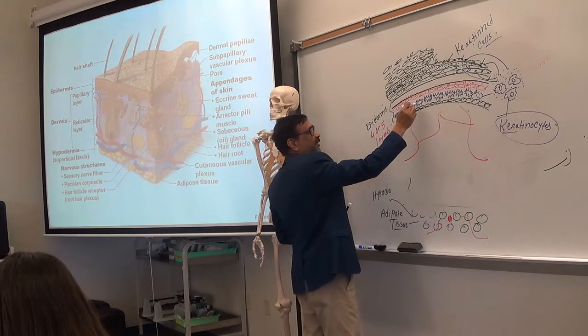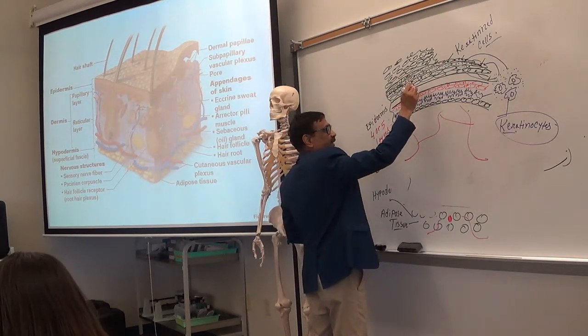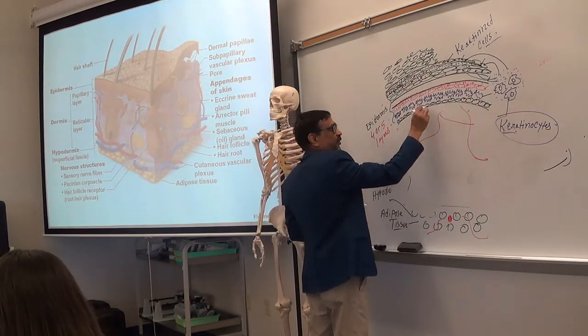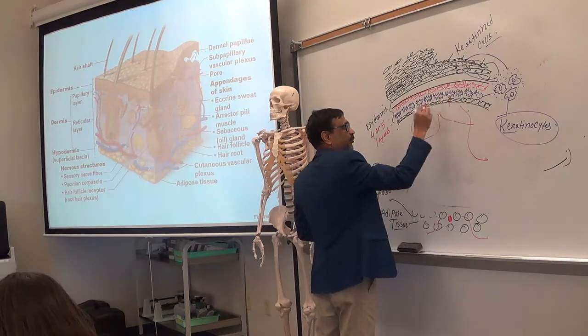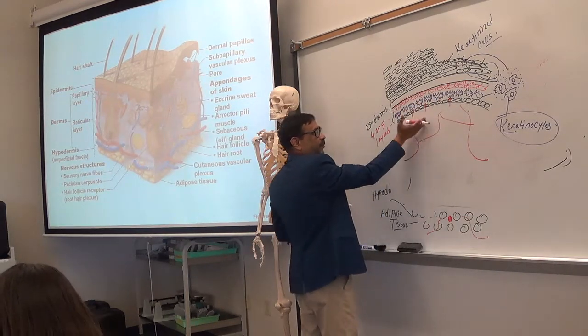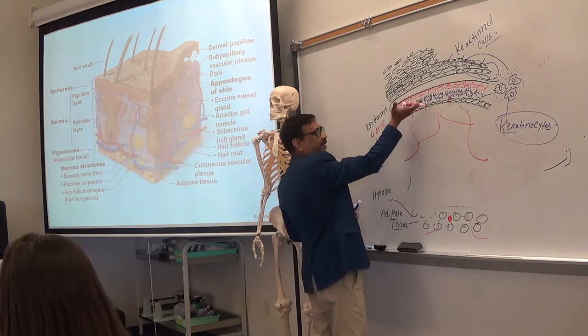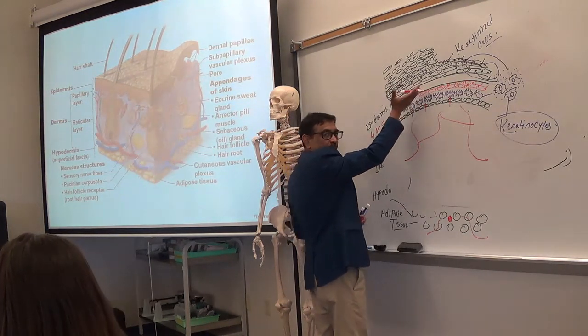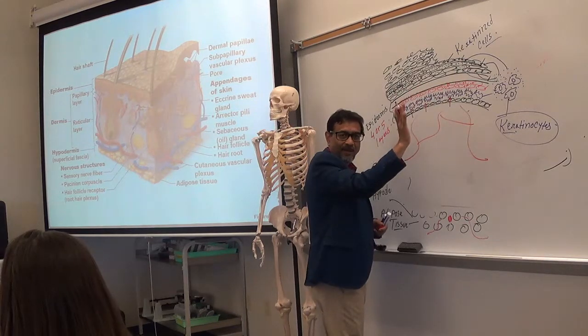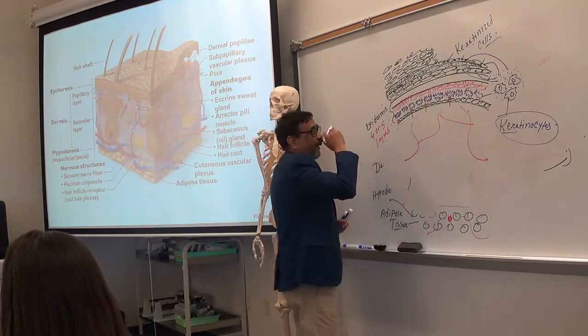Now, how these cells get nutrition and oxygen? By diffusion from here. Okay. So from the underlying dermis, by diffusion, nutrition, oxygen enter into the epidermis. Is it clear? So no direct blood supply.